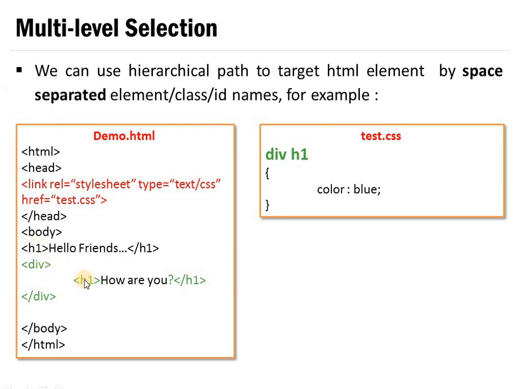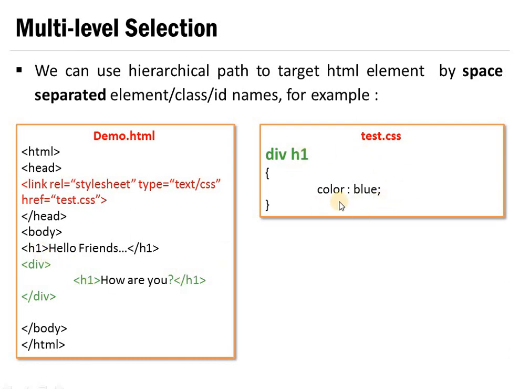Now you can see that there are two h1 tags. One is outside the div tag and the second one is inside the div tag. I want to apply some style to the h1 tag, but only for those h1 tags which are in the div tag. I want to apply style for this one but not for this one.